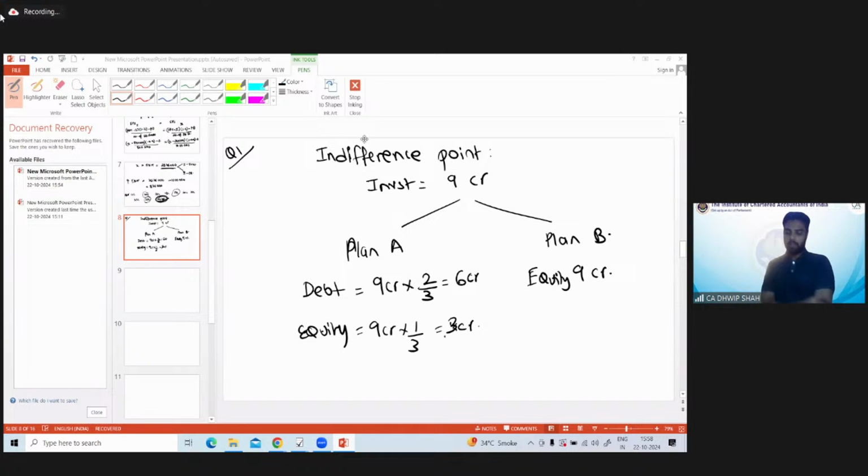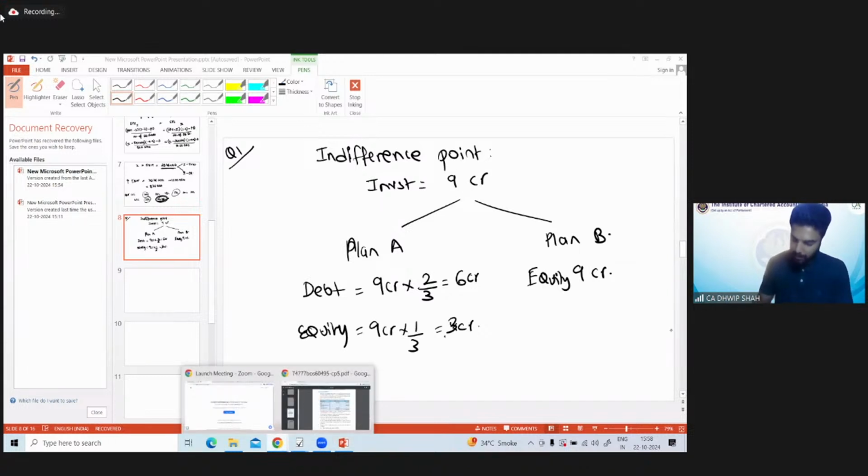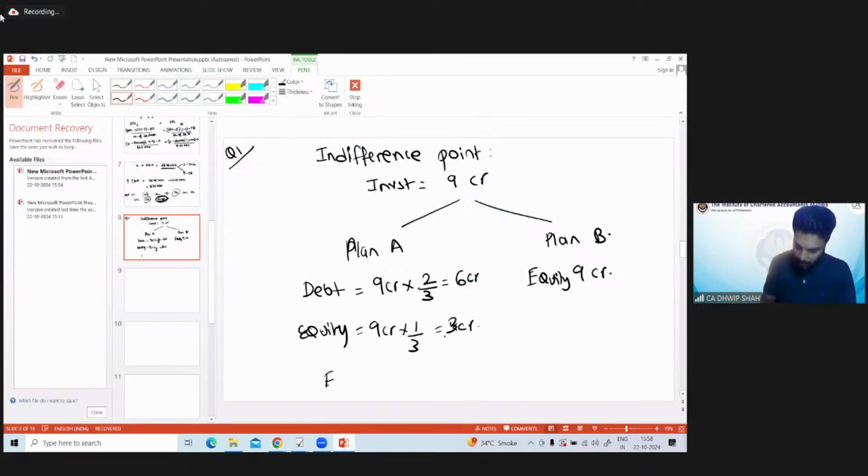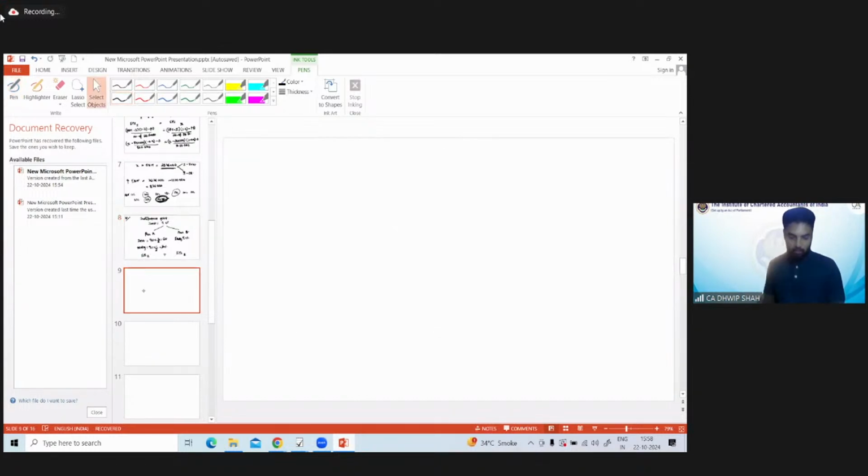So these are the two plans, correct? And we have to calculate the indifference point, and we know the formula. Indifference point is that point of EBIT where EPS of plan A is equal to EPS of plan B. At what level of EBIT will my EPS of plan A be equal to EPS of plan B? Again, we will write down the formula for calculating EPS.